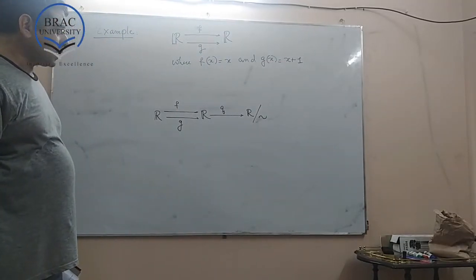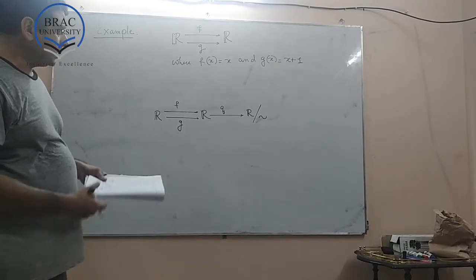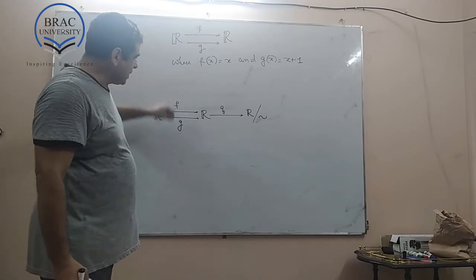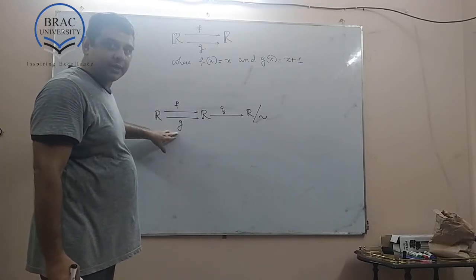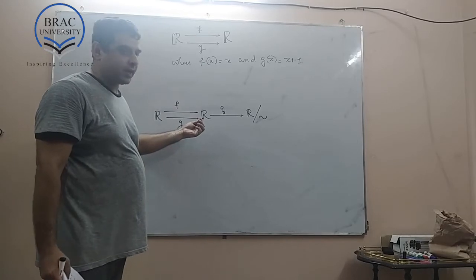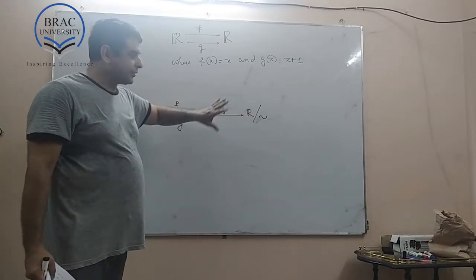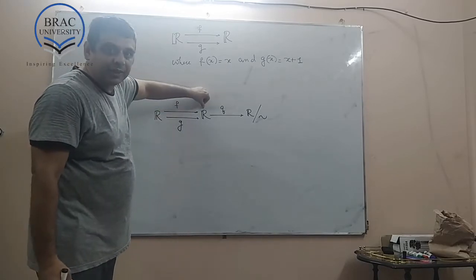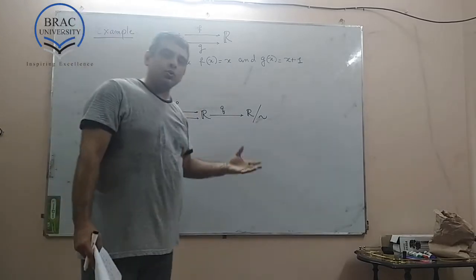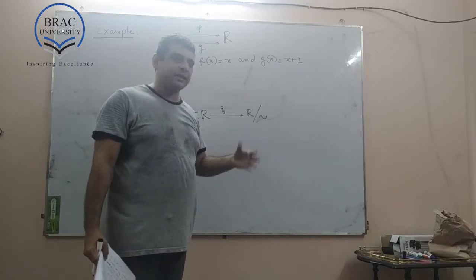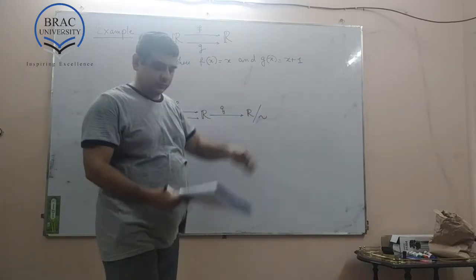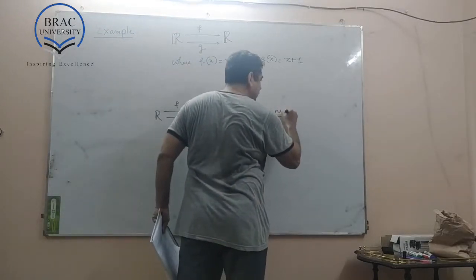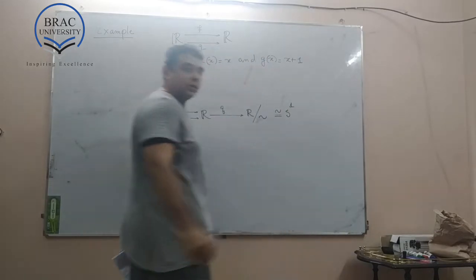What is that equivalence relation? Inside R, there is f of x and there is g of x. We need to identify them. And after the identification, what we get at the end as a set is called this quotient set. And we will see that this is topologically equivalent to a circle.